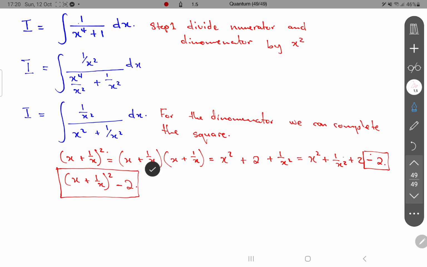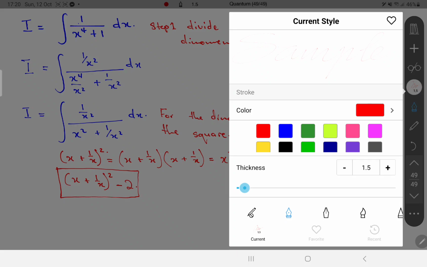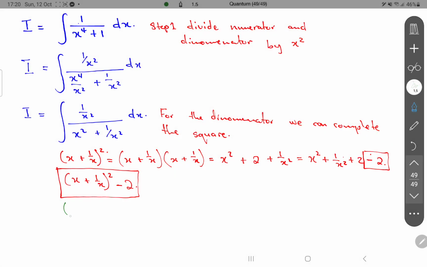And do you know that this denominator can also be represented by, let me use green so that you can see the difference, x minus 1 over x, squared, which is x minus 1 over x times x minus 1 over x to give you x squared. Oh, there's a minus, sorry. It was supposed to be minus.